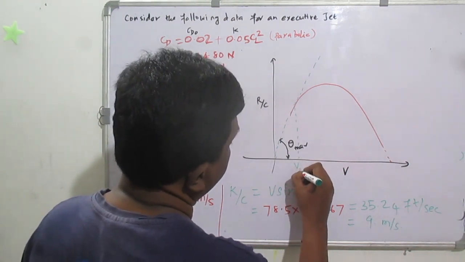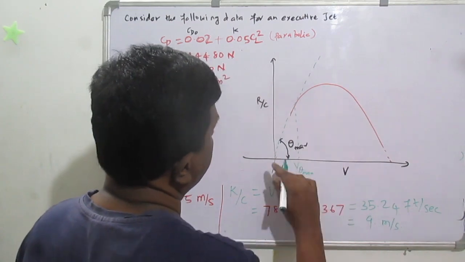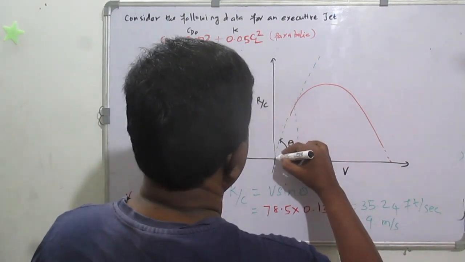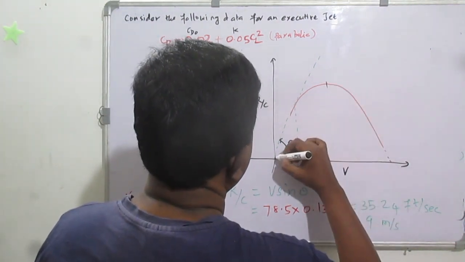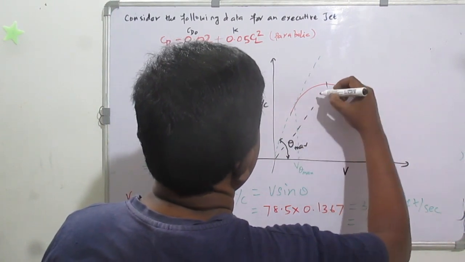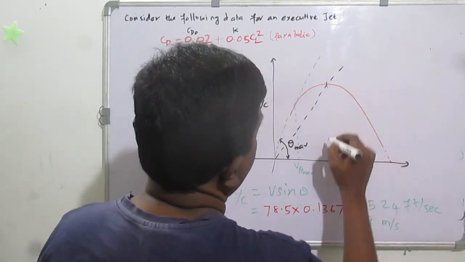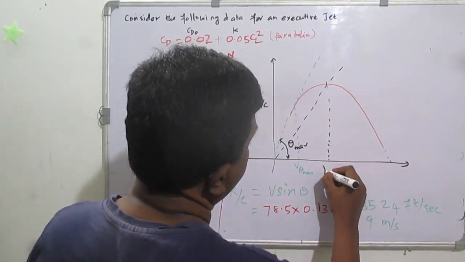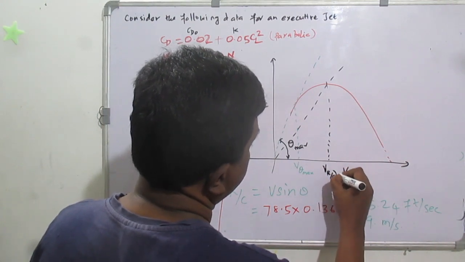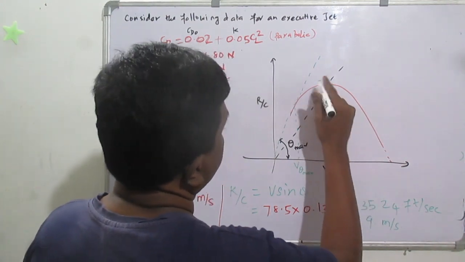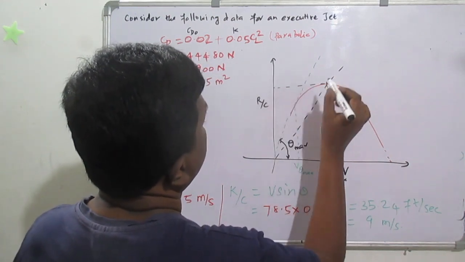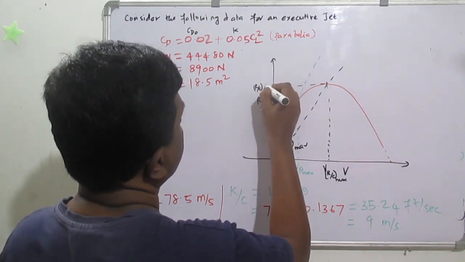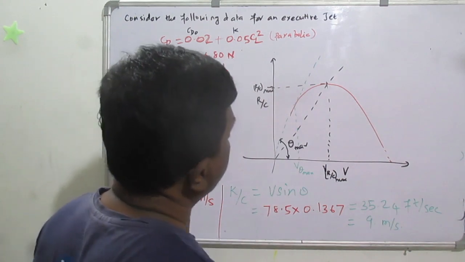So we can call it V theta max. Then we can also find the maximum rate of climb from this, with respect to this point. Drawing the velocity here, this is V for rate of climb max, the maximum rate of climb point.